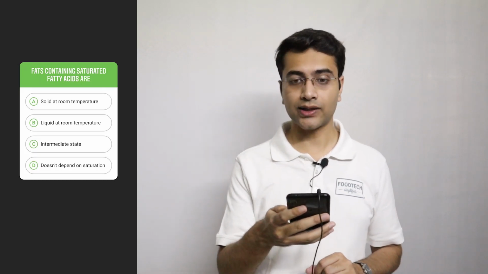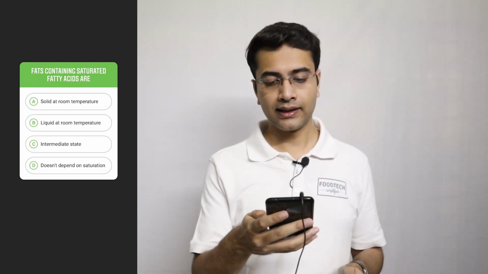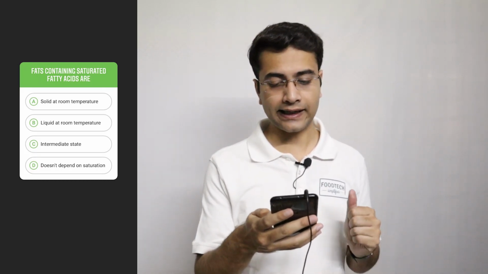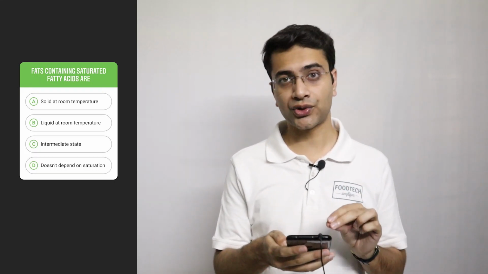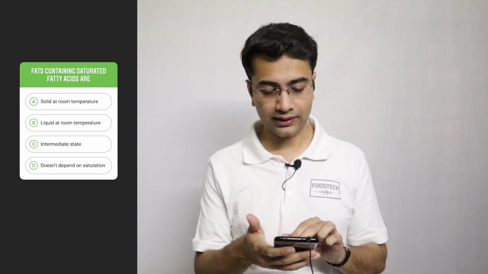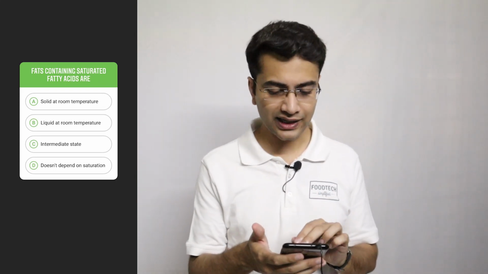Fats containing saturated fatty acids are option A, solid at room temperature, option B, liquid at room temperature, option C, intermediate state, option D, does not depend on saturation. The hint for this question was mentioned in this video. If you have been watching carefully, observing carefully, listening carefully, you should know the answer of this question by now.